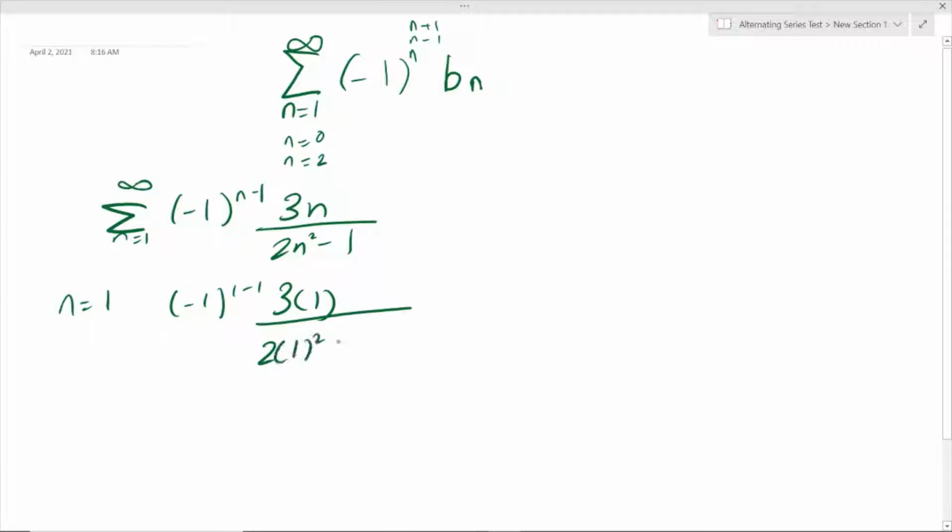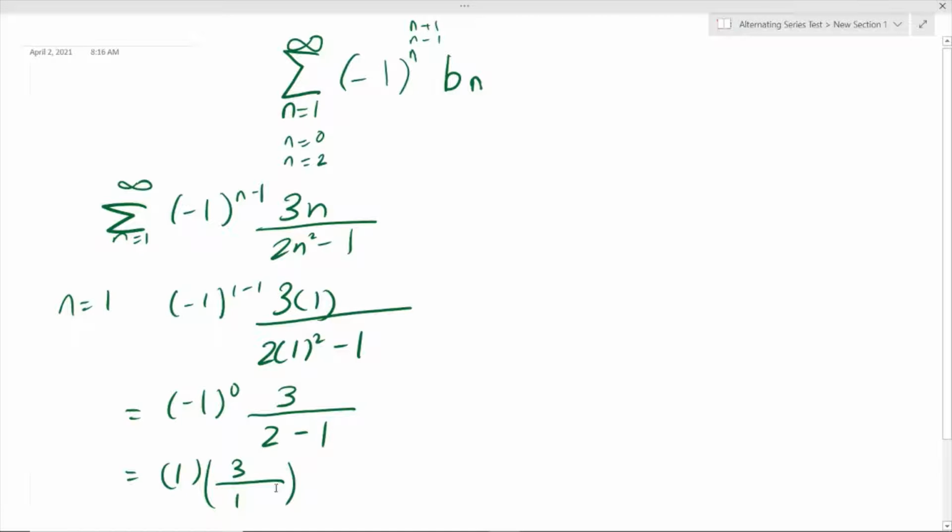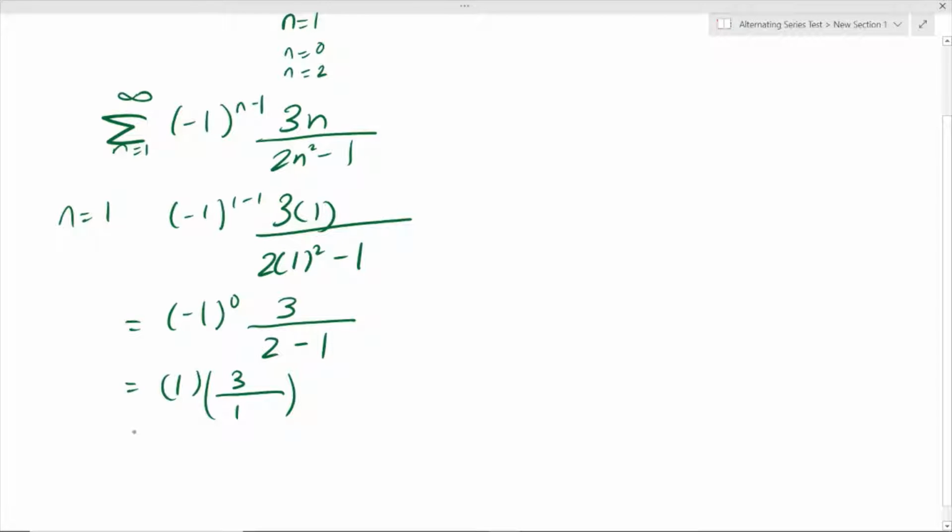I'm going to plug in n equals 1 into each of these n's, and then this is going to be to the exponent of 0. It's going to be 3. It's going to be 2 minus 1. We get 1 here, we get 3 here, and we get 1 here. Finally, we get 3. So this is for n equals 1. We plug in n equals 1 in here.